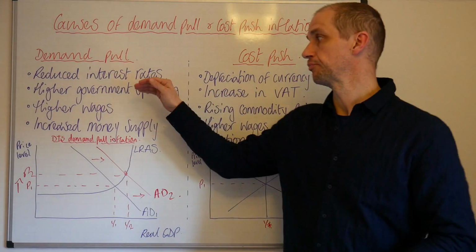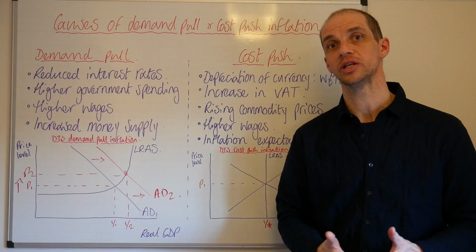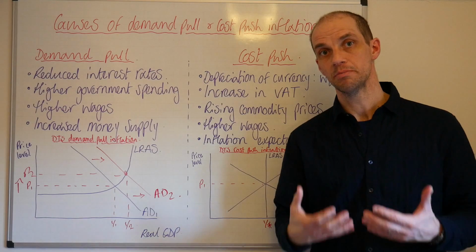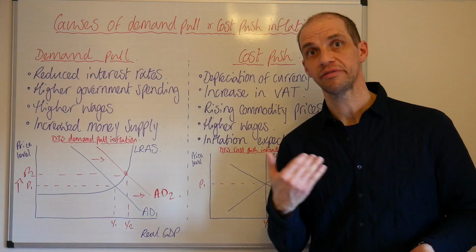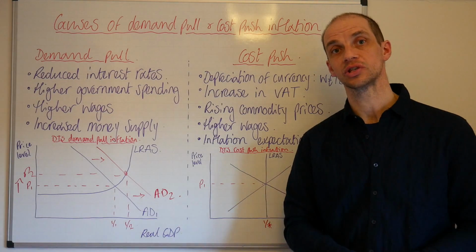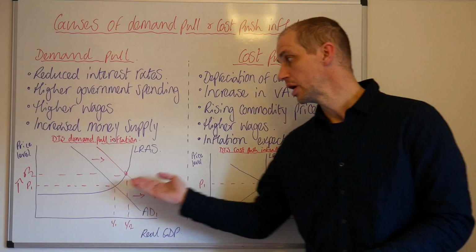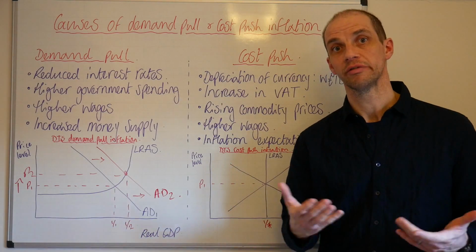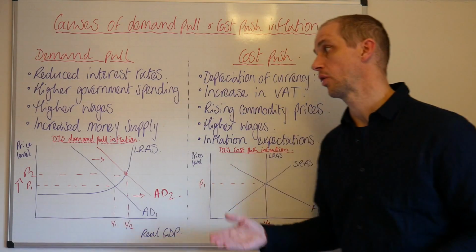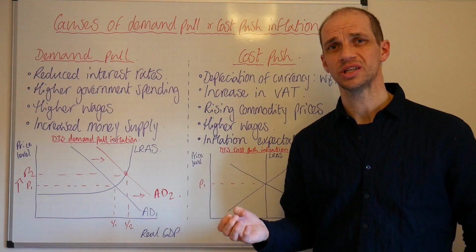Okay, then we've got the point regarding higher wages. If you're getting higher wages, your disposable incomes may well be rising, and that may fuel demand for additional expenditure. So therefore consumption may well again increase as a direct result, and that will lead into further price rises further down the line. Final point here that I've put down is about increased money supply.